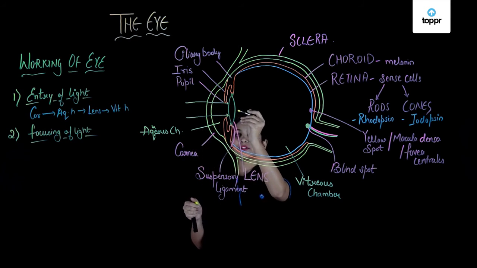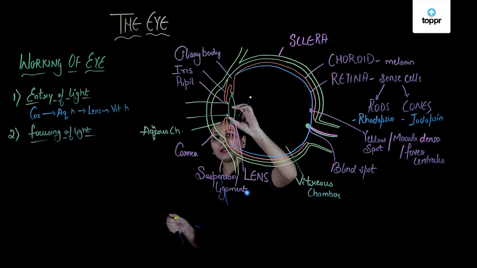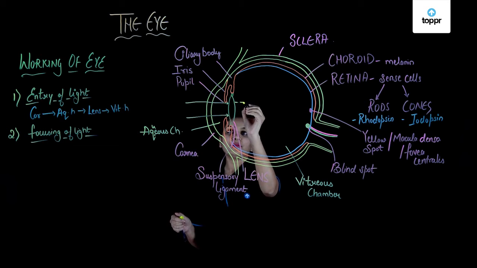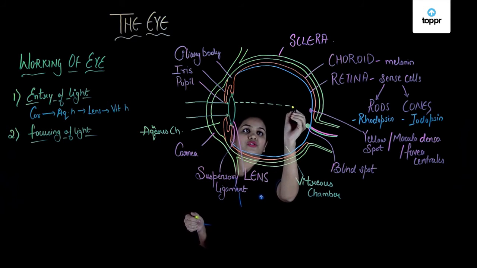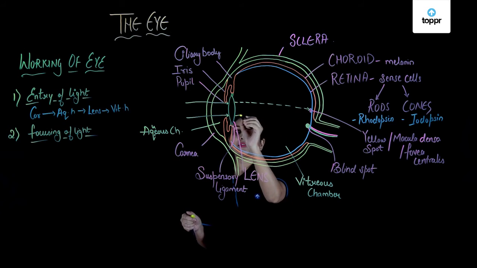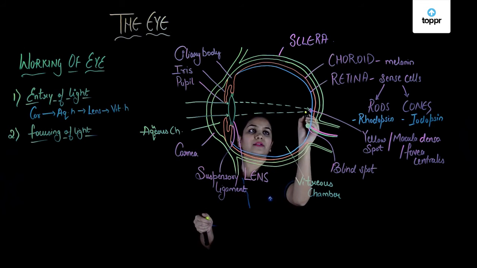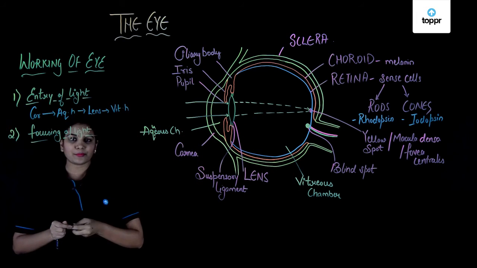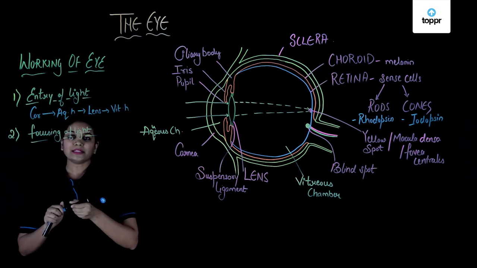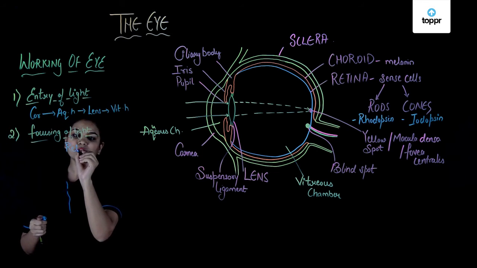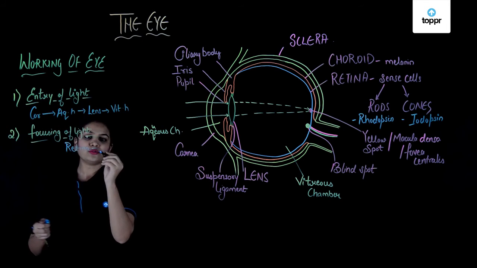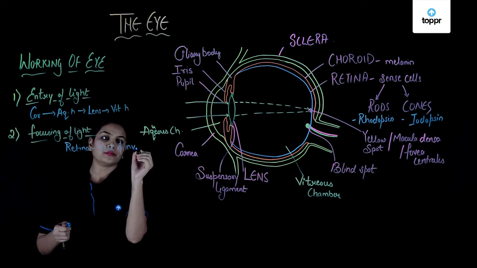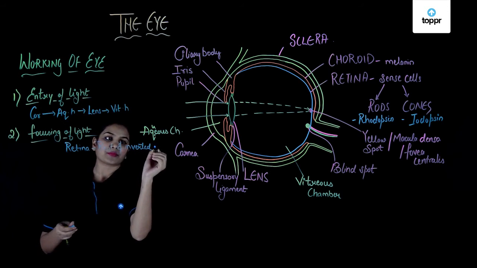After it moves from the cornea, the light rays converge a little bit, and after they move through the lens, they converge further, like this. This is the converging of light, and now the light falls upon the retina. So we see that when the light falls on the retina, this image is found to be real and inverted, okay. This image is inverted, alright.